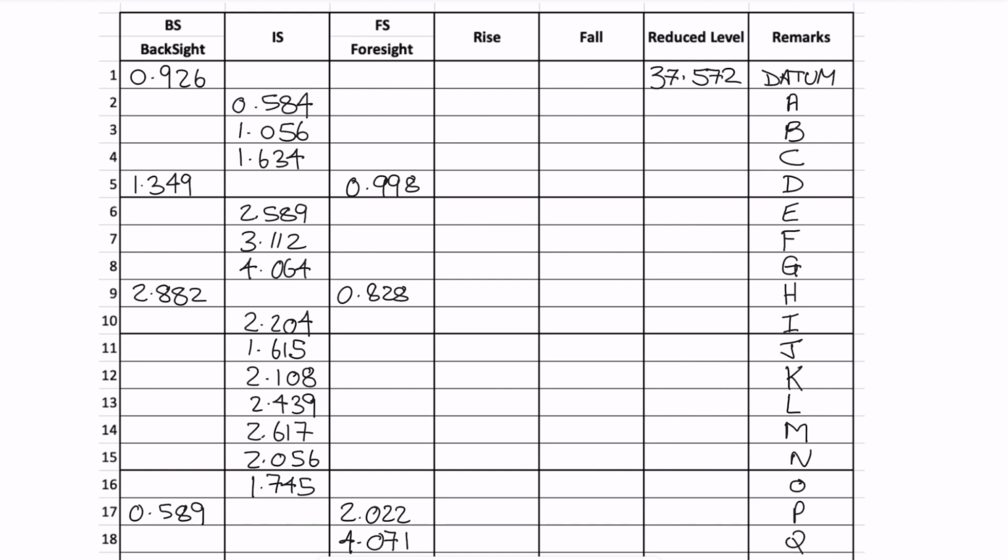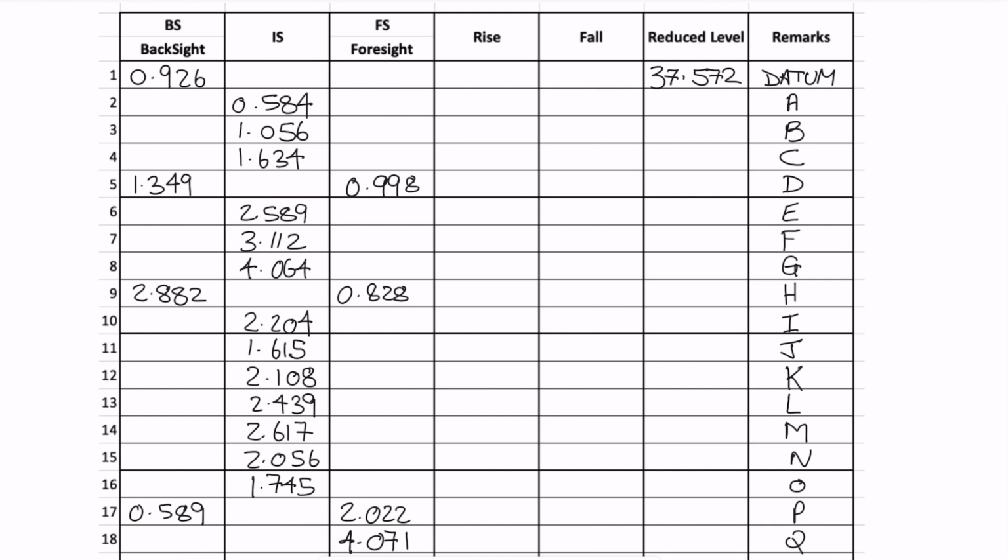Once the values or staff readings have been entered into our booking sheet under the backside, intermediate and foresight columns, our next move is to calculate the rise and fall between subsequent readings.